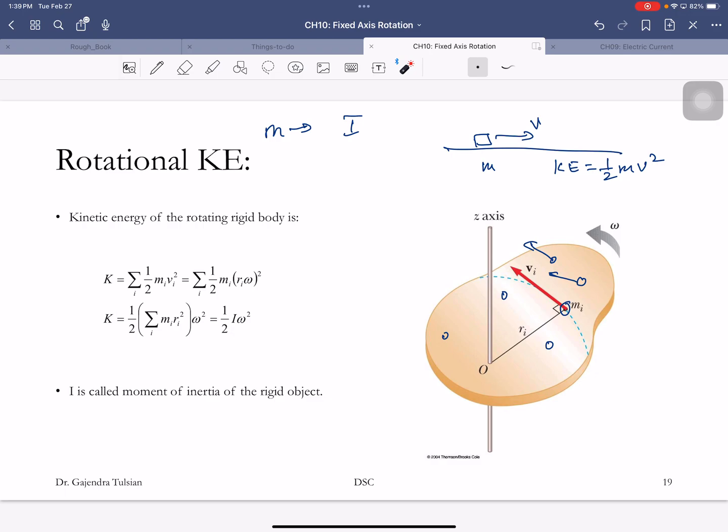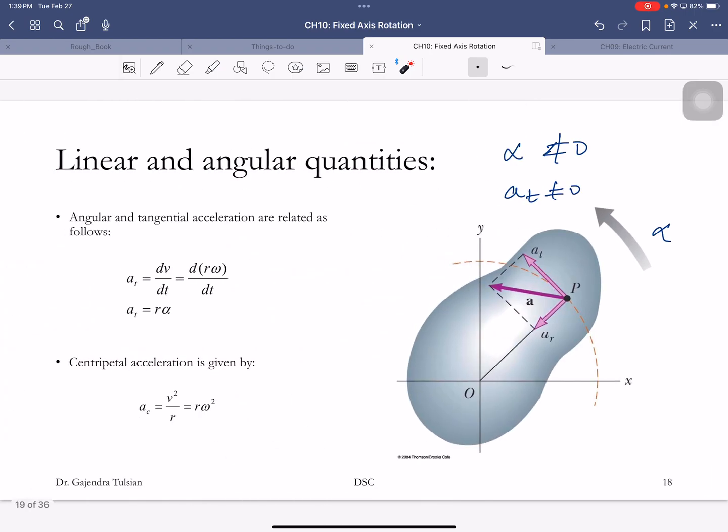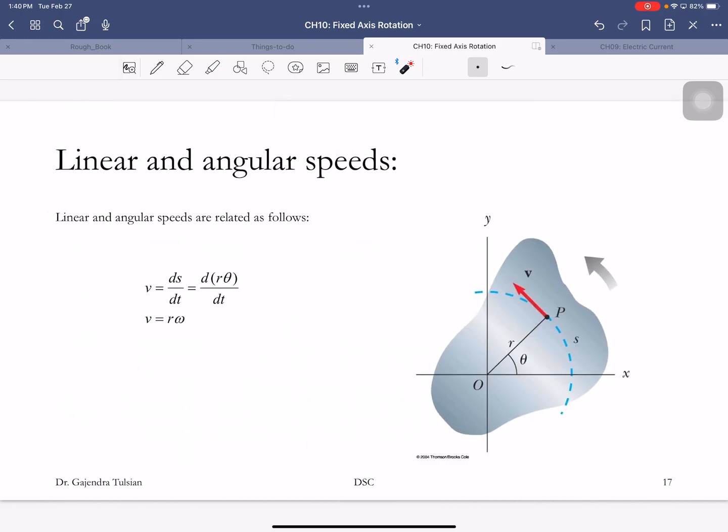And you've done plenty of series summations. You're good at it. Okay. All right. So here's the mass of each little piece. That's the velocity of each little piece. But the velocity of each little piece is related to something, the angular velocity. Vi is Ri omega. So here was the formula. V was R omega.